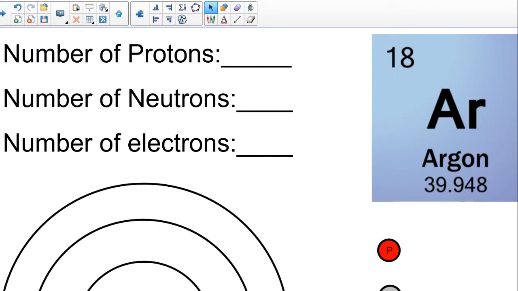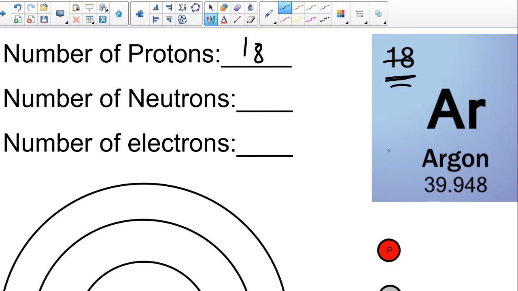Looking at argon, let's go through this one a little more quickly because we've done this already. Protons is on the top, 18. The number of neutrons is, protons plus neutrons has to equal 40. So subtracting 18 from 40, we get 22.